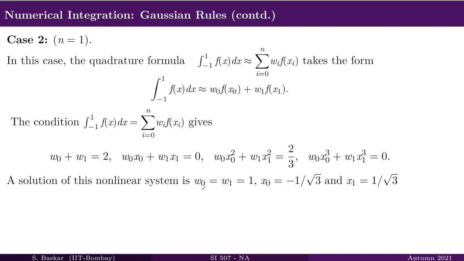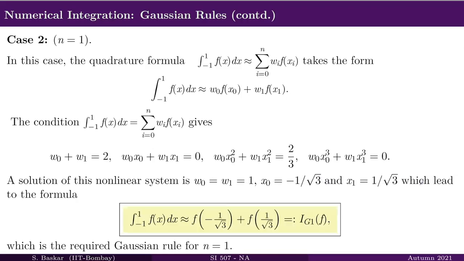You can see that the solution of this nonlinear system is given by W0 equal to 1, W1 equal to 1, X0 equal to minus 1 by root 3, and X1 equal to 1 by root 3. And therefore, the Gaussian quadrature rule with n equal to 1, we use the notation IG1 of f for that, is given by f of minus 1 by root 3 plus f of 1 by root 3.